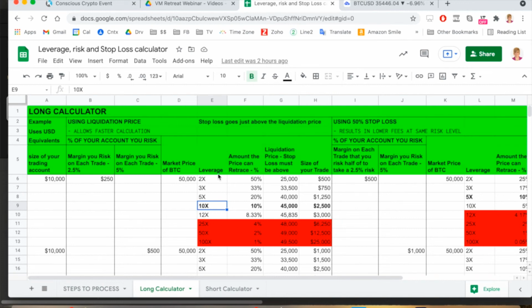But this is a faster method in terms of doing the math, because you're essentially opening up your trading platform and you can just do your calculations really quickly in your head, because you're just basing it on the liquidation price, right? So it's a quick percentage run.